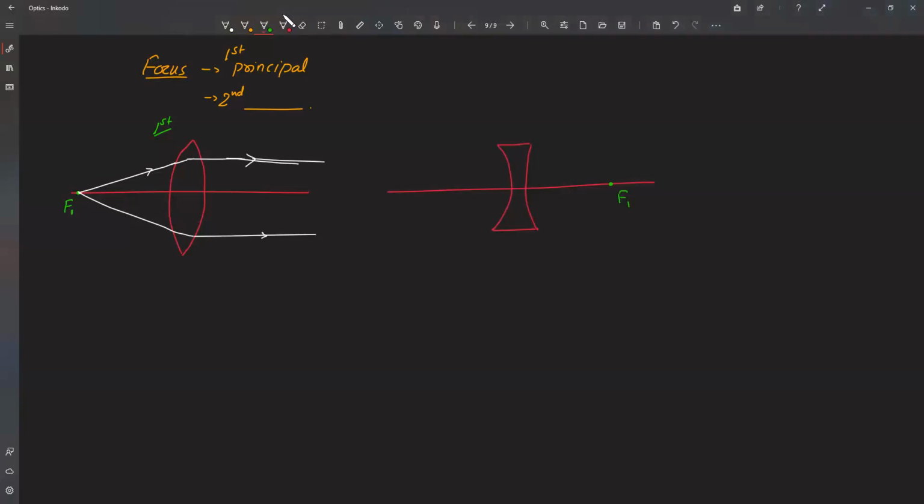So that means this is possible when you have a light ray coming towards focus like this. This is the original path of light, but after refraction, because it is a diverging lens, the ray will become parallel to the principal axis. So this is the situation of focus 1, that is first principal focus in both the cases.